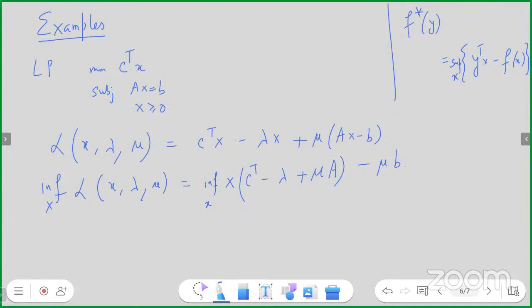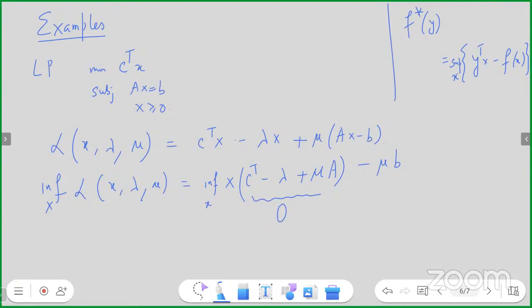So when is this non-trivial? The answer. The sum is greater than.